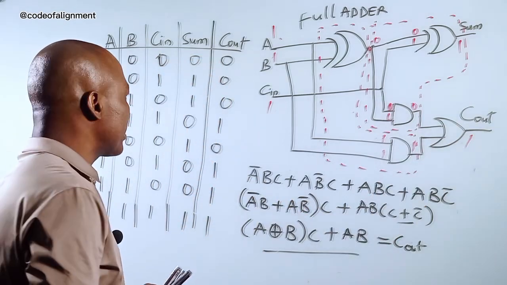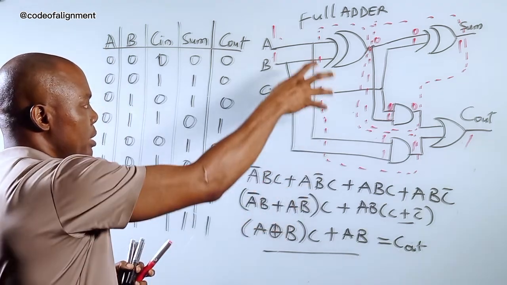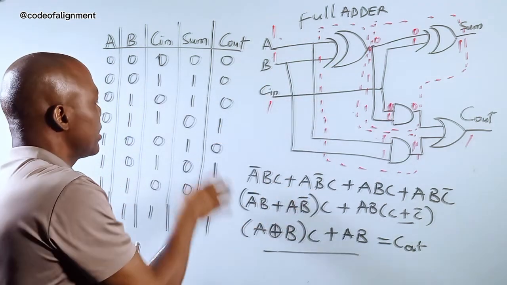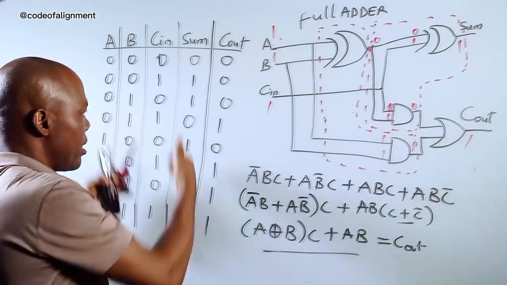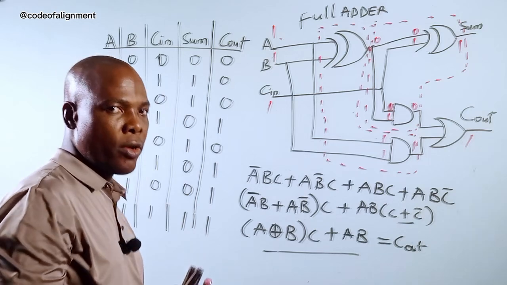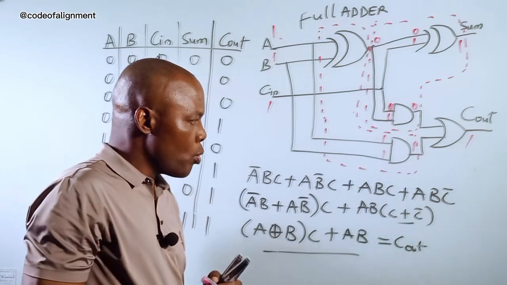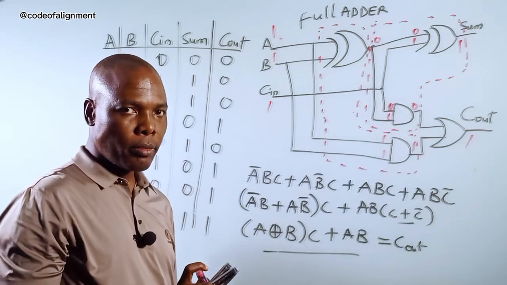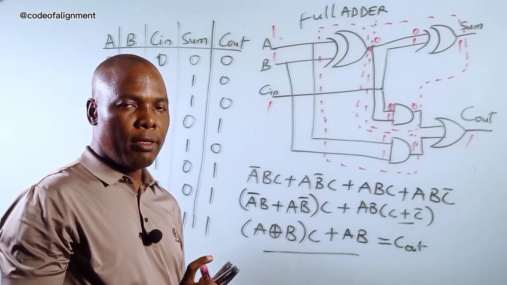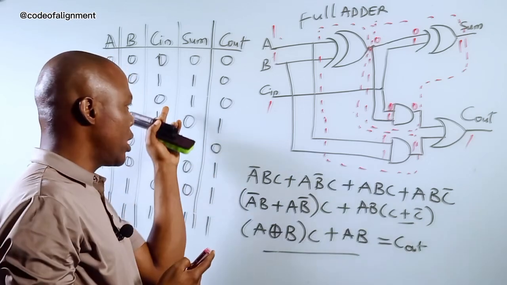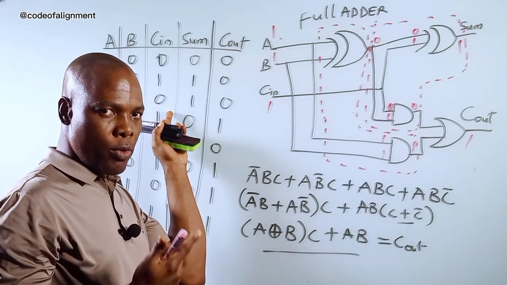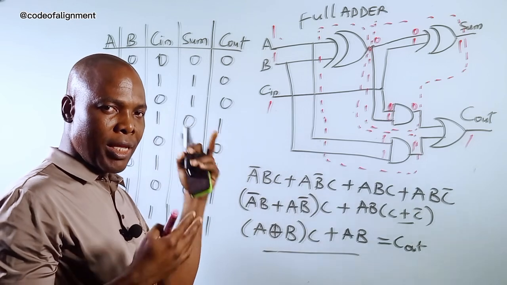So if you go by that, this circuit is correct, from this AND gate and from this truth table. If you want to test further, you can test the remaining ones and you will still get the correct output. So what is this telling us? That if you can obtain a truth table for any mathematical equation, we can actually create a technology for it.